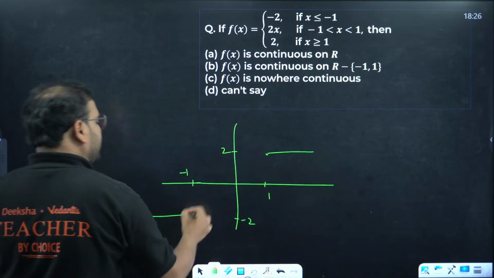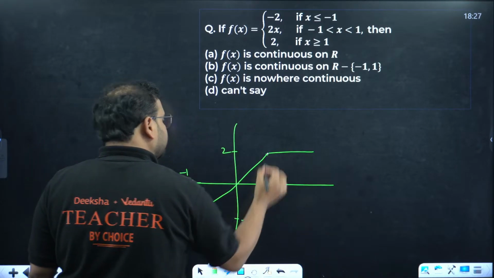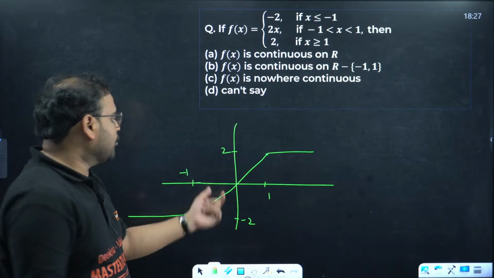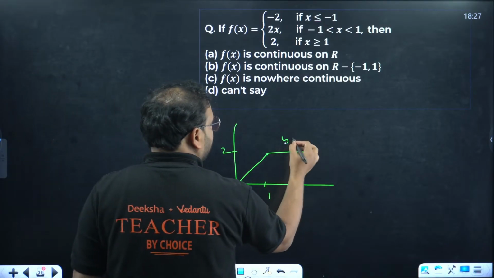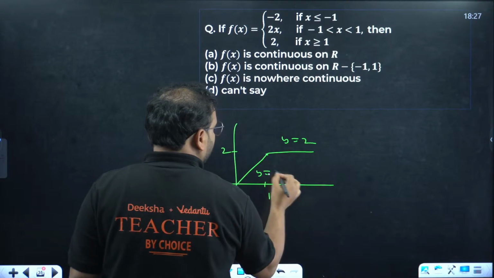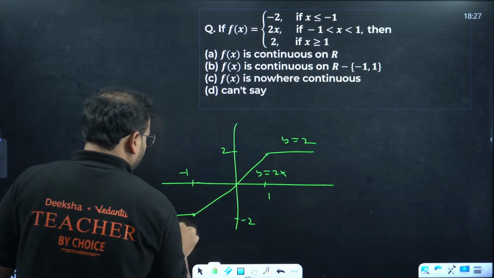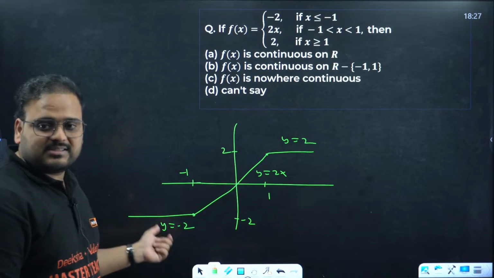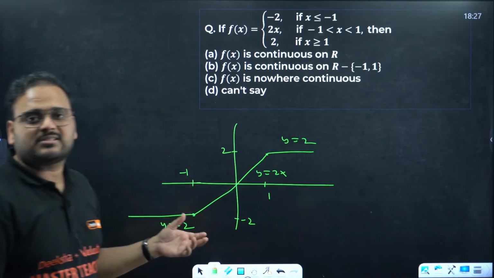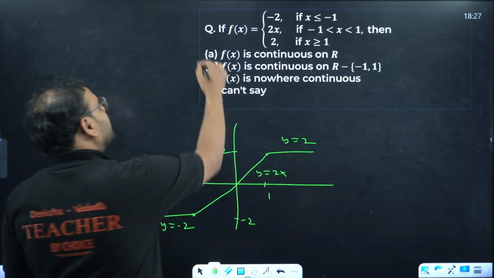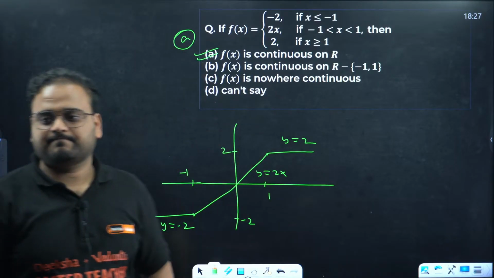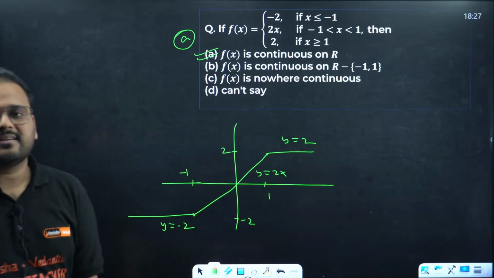And in between, the value is a line like this, y equal to 2x. So y equal to 2, y equal to 2x, and y equal to -2. Now look at this. Does this graph look like ever discontinuous? No. So my answer is what? Continuous for the entire real numbers.